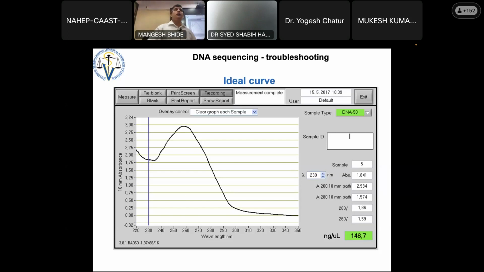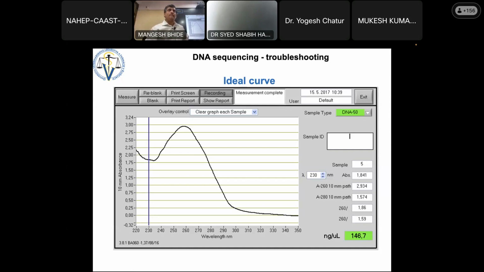This is a typical picture of a very good DNA with good concentration. You have to see this value, this value, and this value. Based on these values, you have 1.8 and 1.59. So the purity of your DNA should be 1.8 minimum.